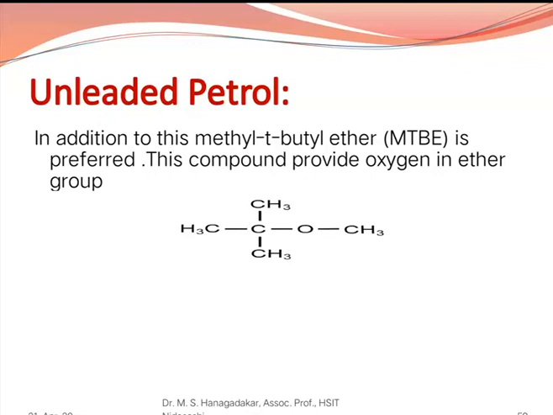The structure of methyl tertiary butyl ether is given in the slide. It has a tertiary butyl group, with ether as the oxygen functional group, and methyl as the other group. Methyl tertiary butyl ether.